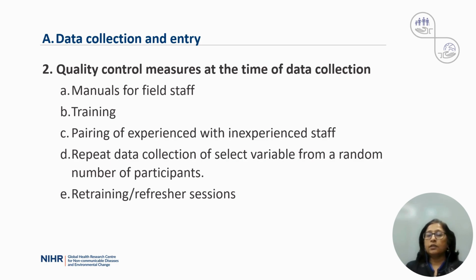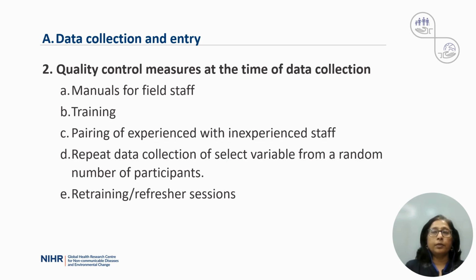If there is certain information which is extremely critical, it is also possible that you make the staff collect the information, but an experienced staff goes back and collects from a small random section of people, asking the same question again, without overburdening the respondents and without impacting too much of the budget of the study.